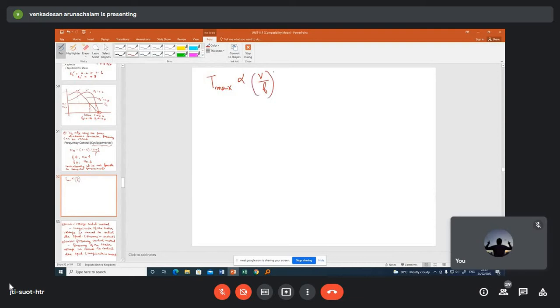You will get it like this. And your starting torque is also proportional to the maximum torque. This relationship we can derive, but the derivation is not much important for you.